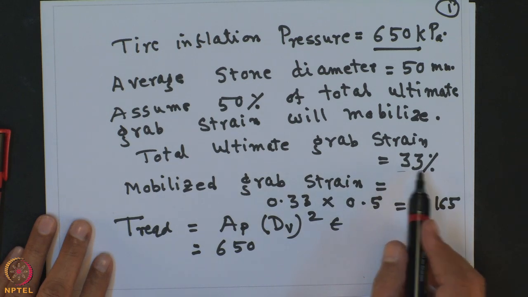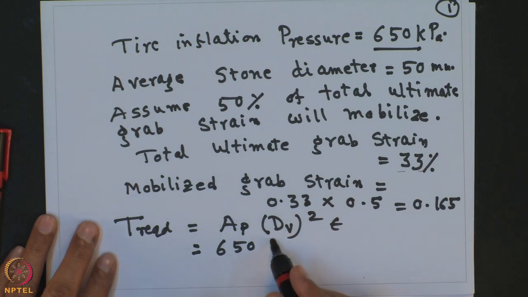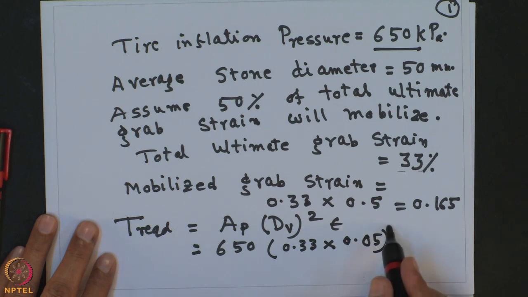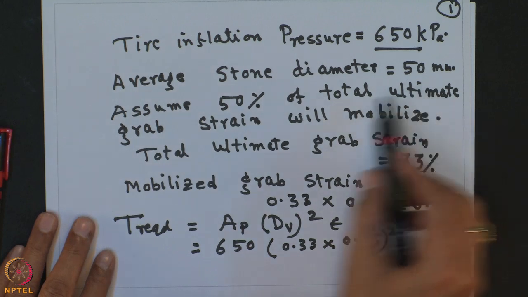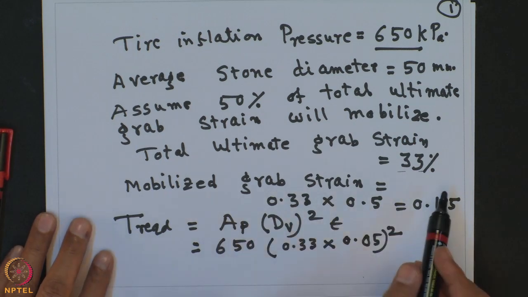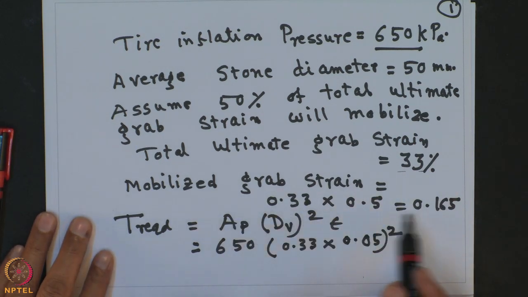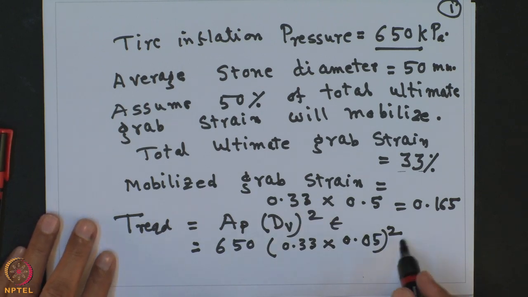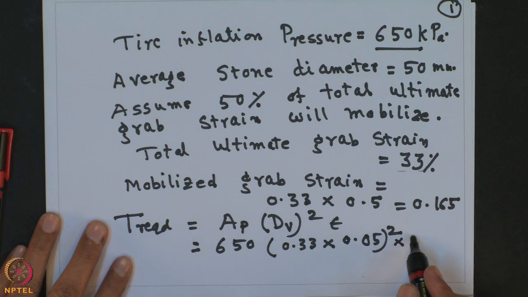So, this is 0.33 into 0.05 whole square, because the average stone diameter is 50 millimeter, and the mobilized grab strain is 0.165.